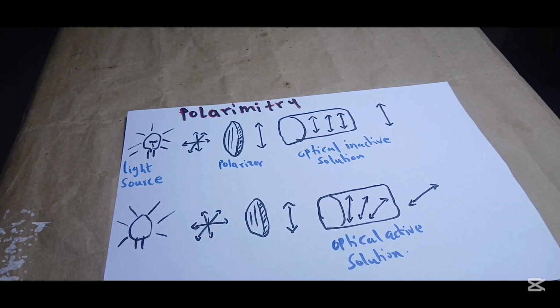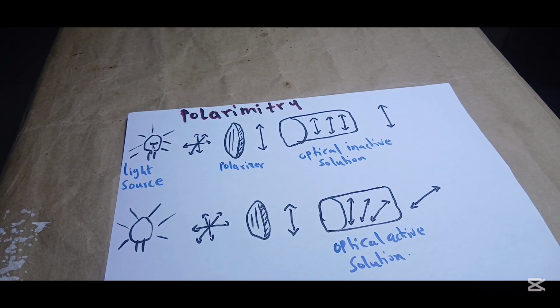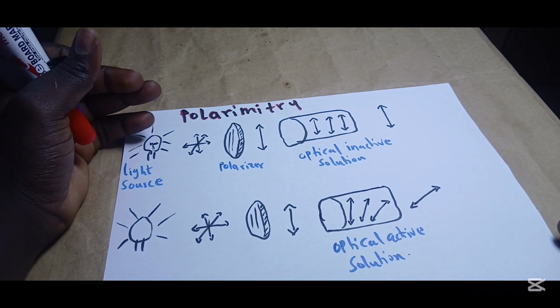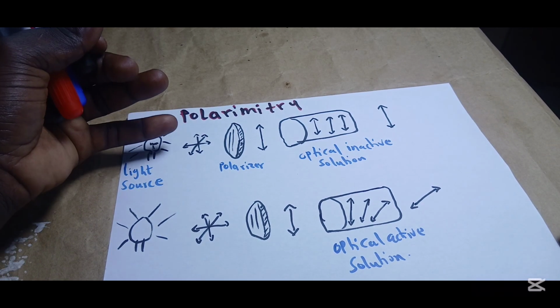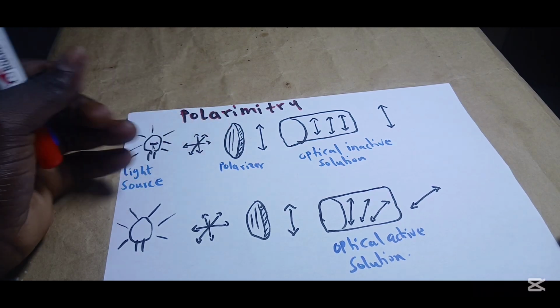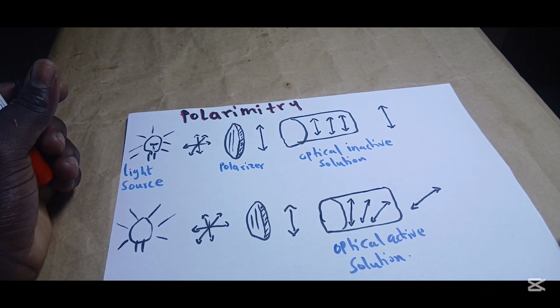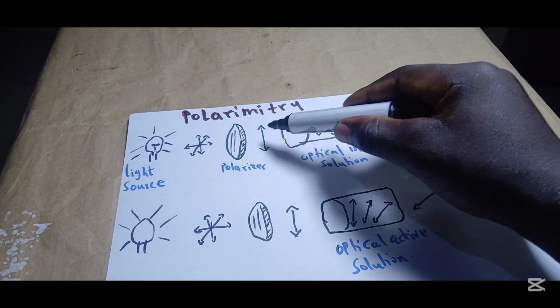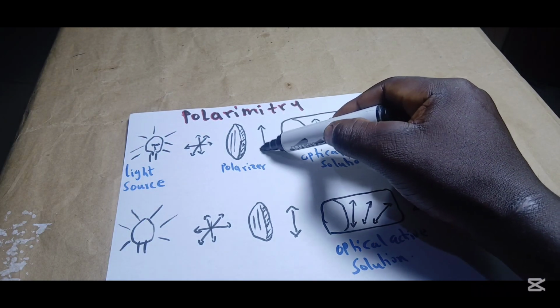Now, polarimetry. A polarimeter is a device used to measure the optical activity of a given solution. If you have a source of light, a beam of light from that source passes through a polarizer. The polarizer is going to polarize the beam of light into a single ray.